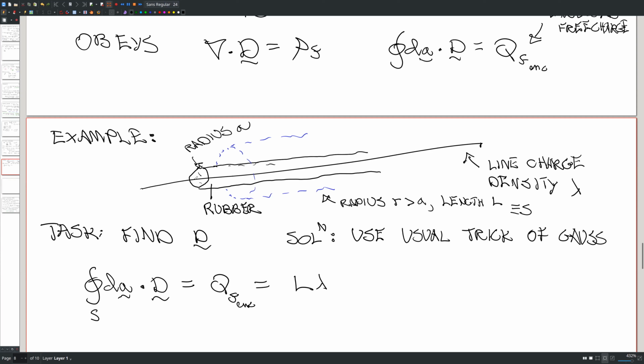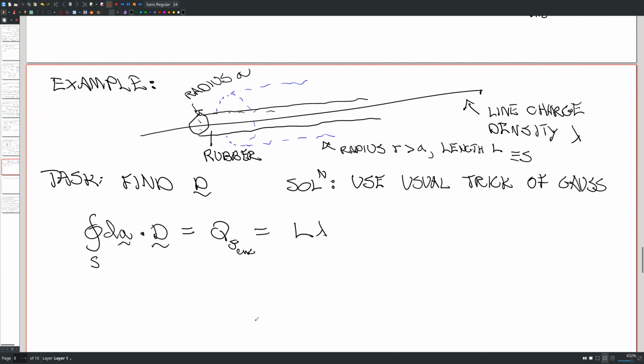Of course, the presence of charge on the wire induces charge movement inside my rubber. However, this is bound charge. This is not free charge. Okay, so here I'm computing just the free charge density contribution to this. And in this case, because D is along r hat, this thing here is just equal to the intensity of D at that distance.